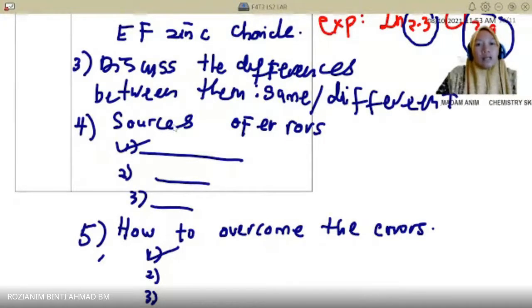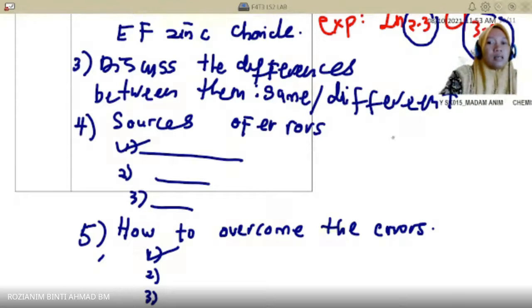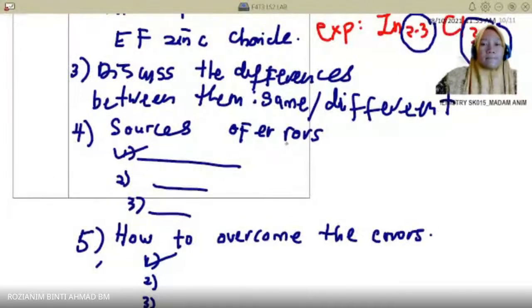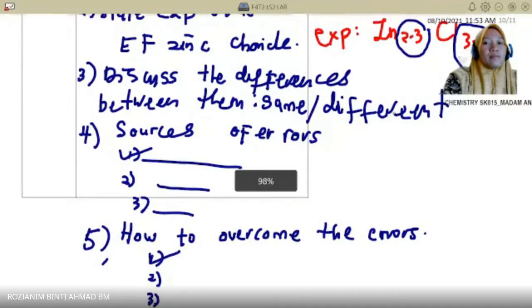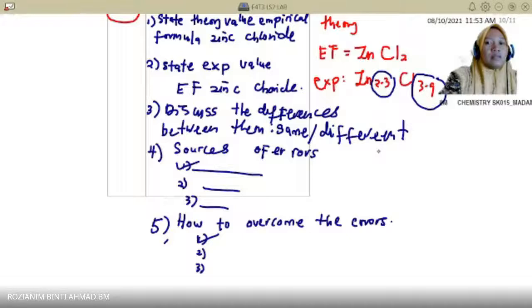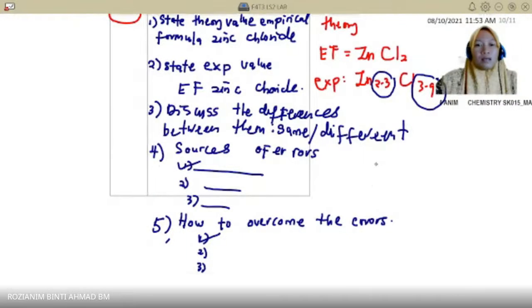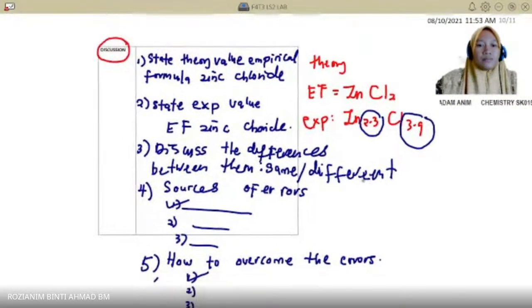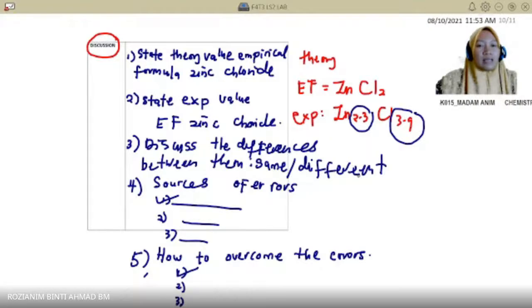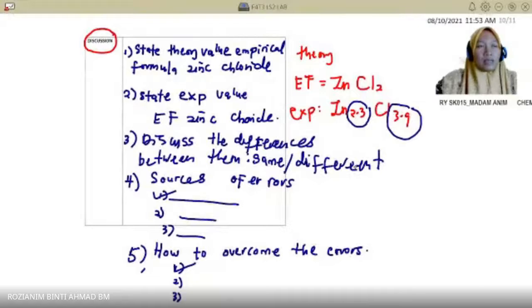Okay, so dalam discussion saya ulang, saya perlukan 5 kriteria ini. Dapat? Boleh? Ada soalan nak tanya? These 5 criteria yang saya perlukan dalam your discussion. Tak perlu buat paragraph, hanya buat sentence sahaja. Maksudnya boleh buat ayat numbering, tapi ayat dia full sentence.